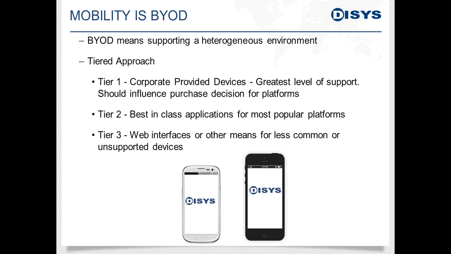Tier 2 would be best-in-class applications for the most popular platforms. That really reads into Android and iOS. Making sure that you support both of those platforms, and then provide a web interface or other means for less common or unsupported devices.